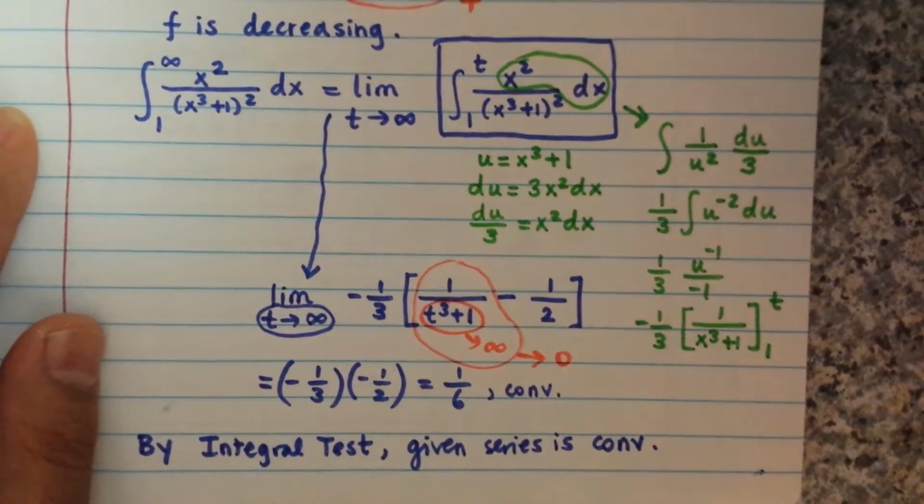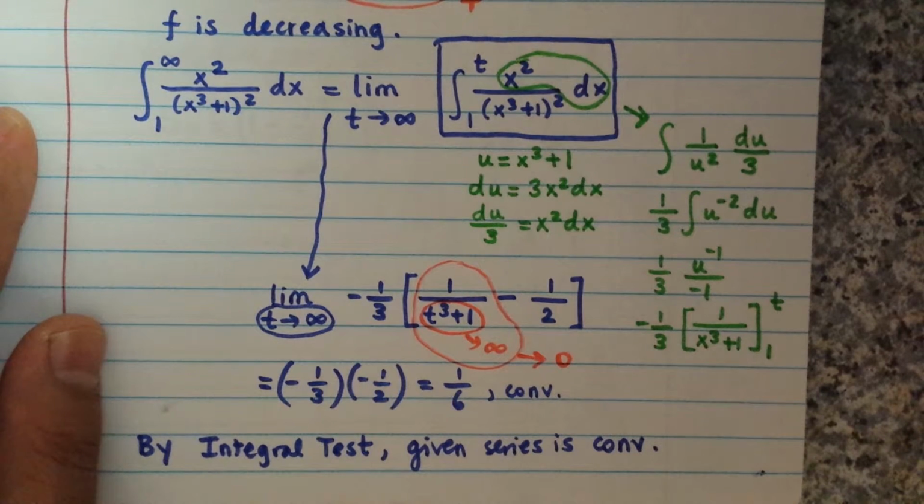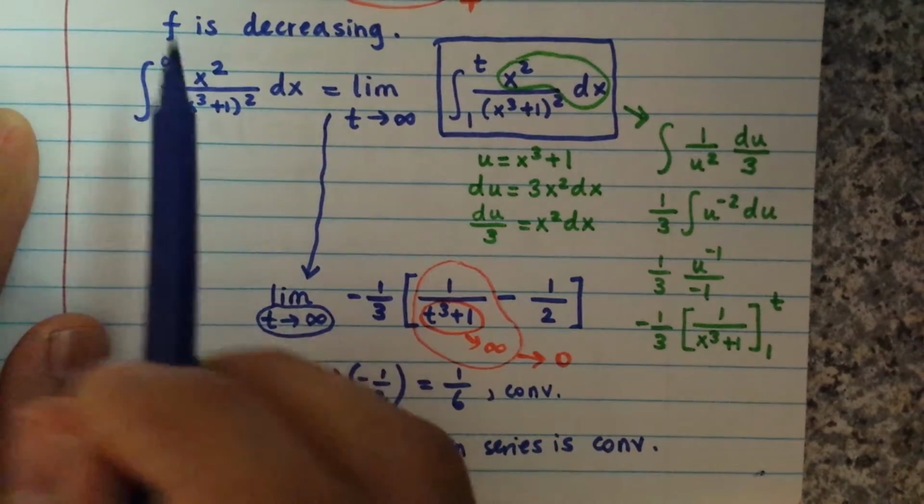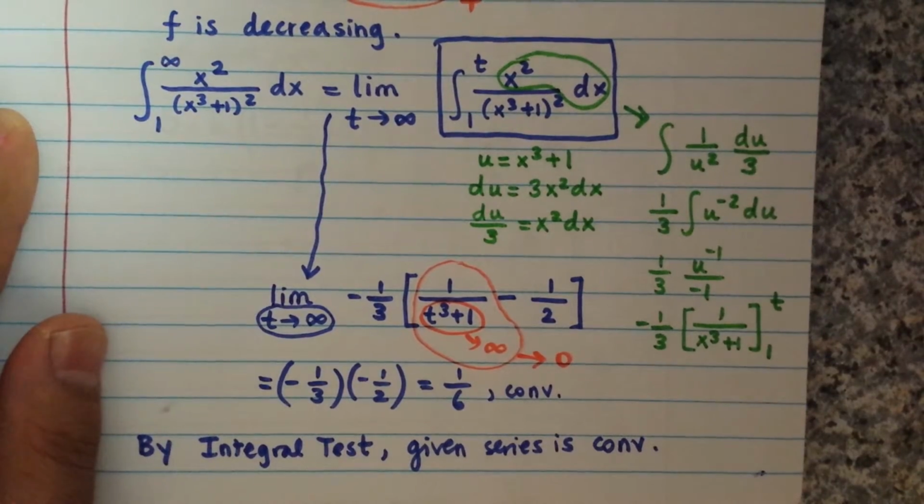So this is just an example, and you see it's a little bit long, but first you have to really show the conditions are satisfied, and then you can just say, okay, now we can apply the integral test. So they have the same behavior, the improper integral and the series.